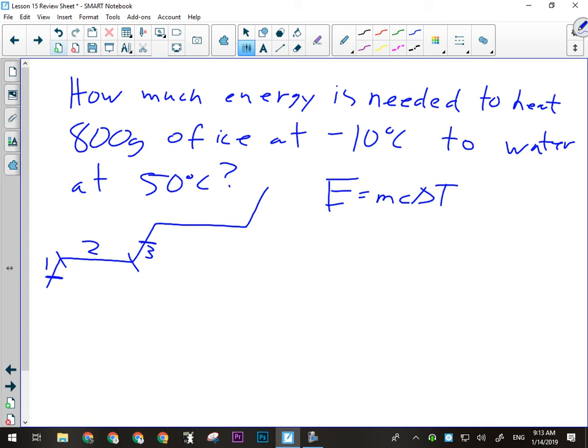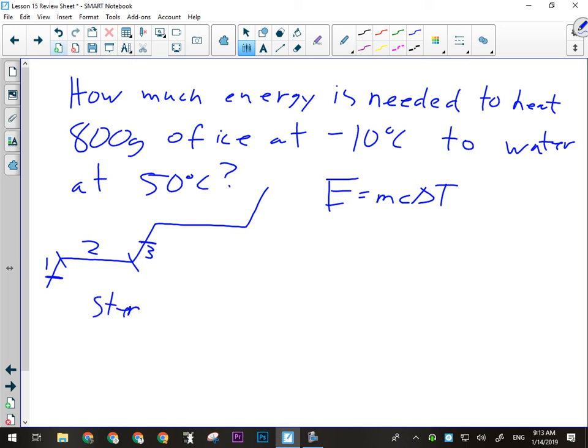Okay, anywhere the line is flat, then we're changing the potential energy of it, so we would use either E equals mLF or E equals mLV. Okay, for this one, which one am I going to use? E equals mLF, right? Because it's going from freezing to melting, right? If it's up here, it's vaporization because I'm vaporizing the water, right? Okay, so those are going to be my three steps then.